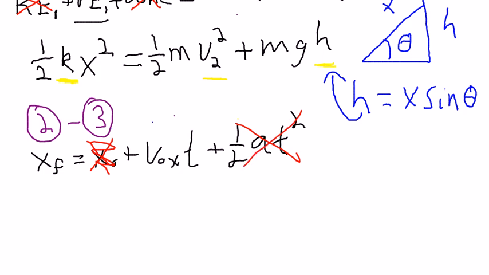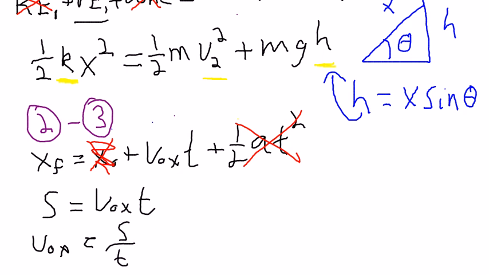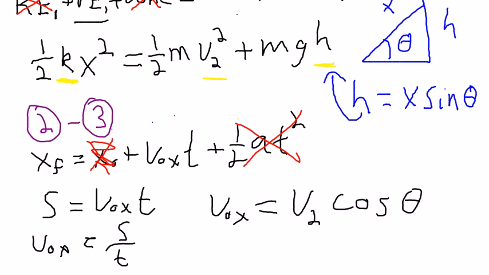And so all we're left with is that our final x position, which is that distance s given to us, is just equal to our initial velocity in the x direction times time. So our initial velocity in the x is just equal to our distance divided by our time, which is also given, and we know that the initial velocity in the x is also equal to v2 multiplied by the cosine of the angle.